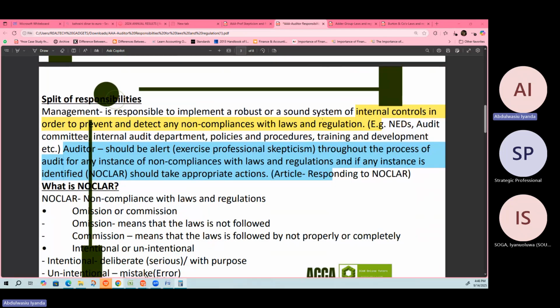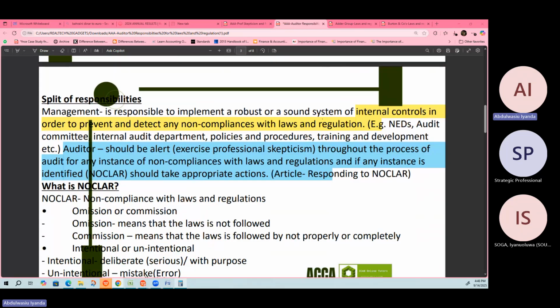Because in practice, sometimes you see a lot of cases whereby an organization has some instances of non-compliance. Who are the parties responsible for that? It is the management. It is the management that needs to ensure that their organization complies with all laws and regulation.